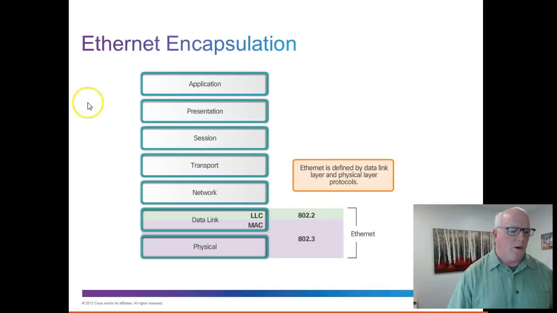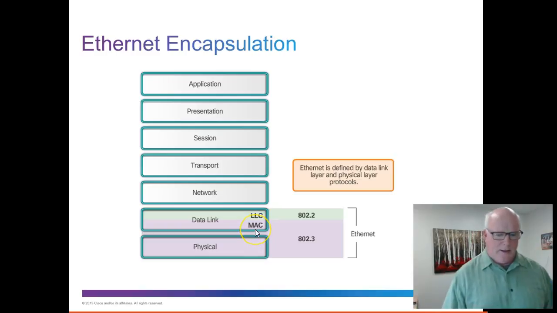So, one thing that we talked about the other day is that the data link layer is broken into two parts. The MAC, the media access control, and the logic link control.